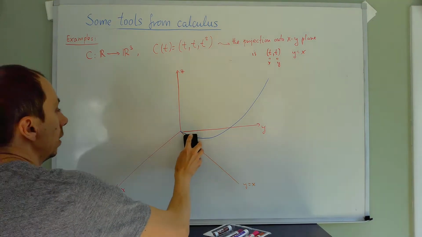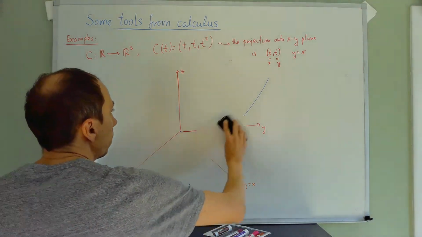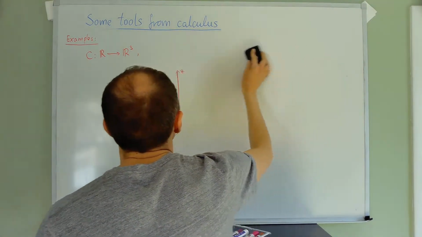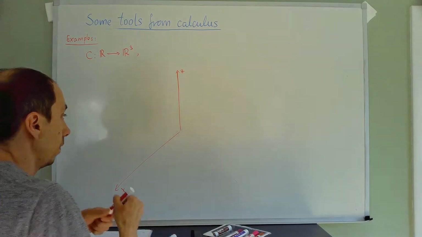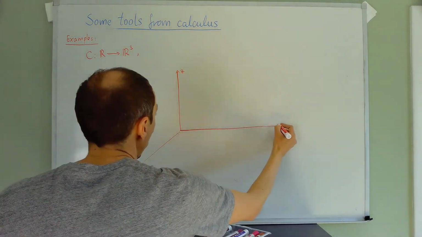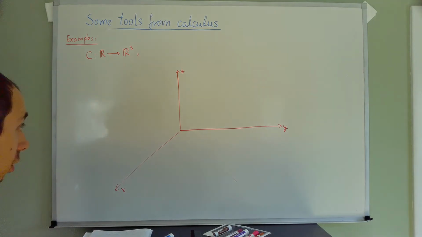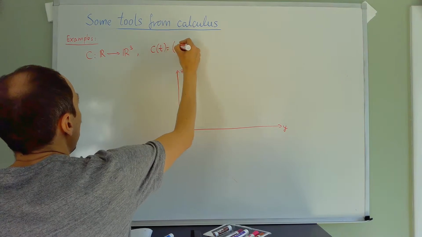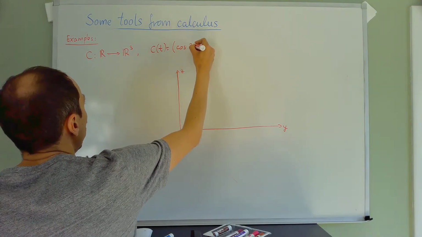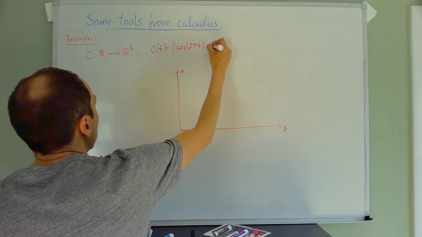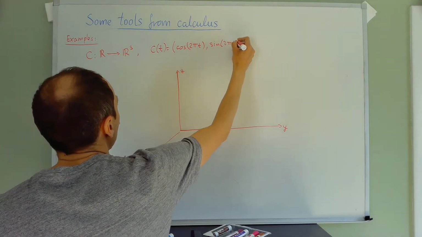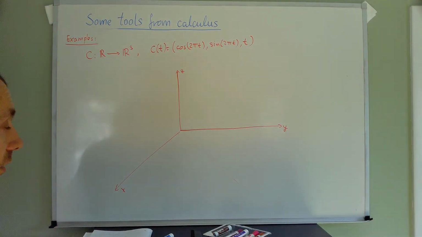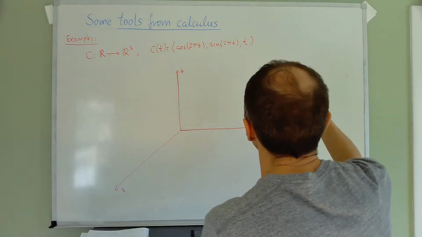Okay, let's look at another example. This is sort of an interesting one. C of t equal to (cosine 2 pi t, sine 2 pi t, t). Let's try to figure out what this is, and again I'll start with the projection.